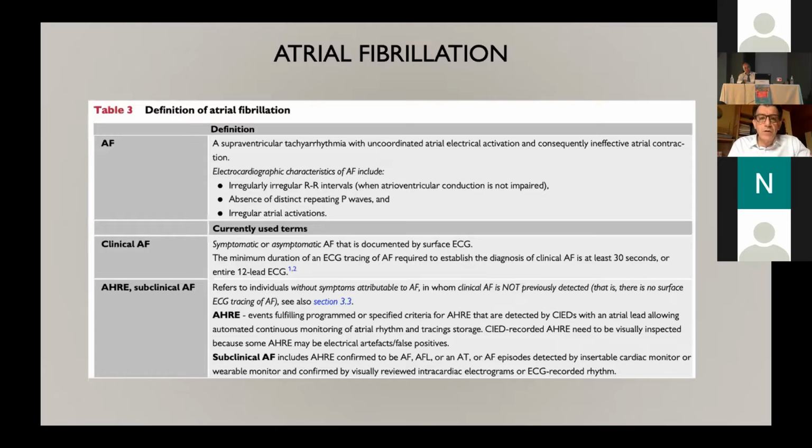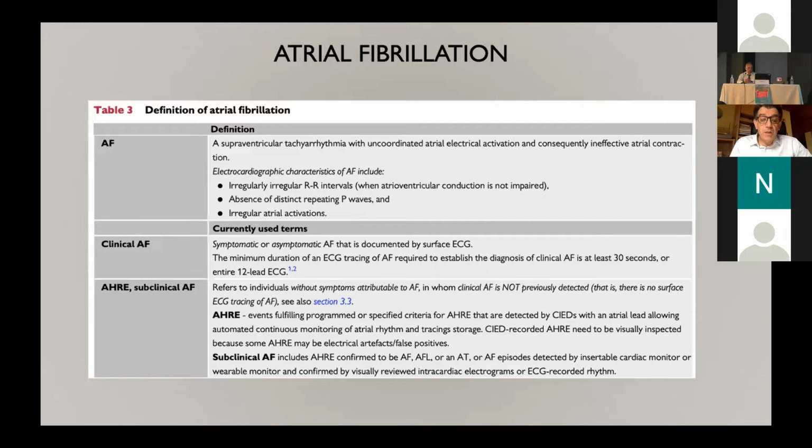I will start with atrial fibrillation, which is a supraventricular tachycardia and tachyarrhythmia usually seen in these patients, and we have a high incidence of atrial fibrillation as these patients age.